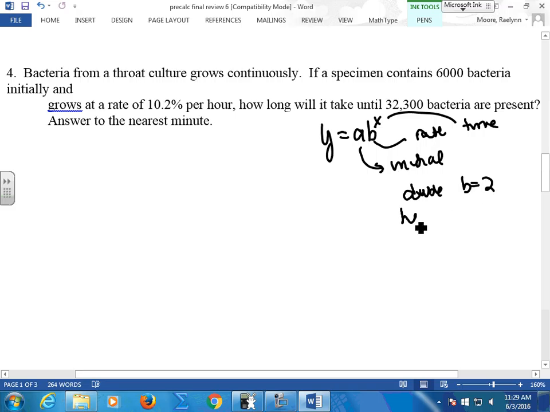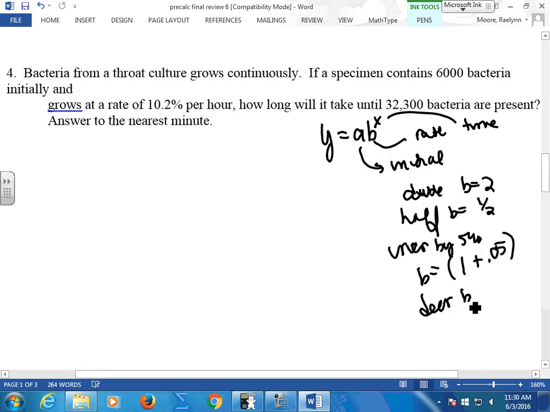If I'm going to half, then what is my B equal to? Half. If I'm going to only increase by 5%, I got to make my B be 1 plus 0.05. If I'm going to decrease by 5%, then I'm going to make my B be 1 minus 0.05.